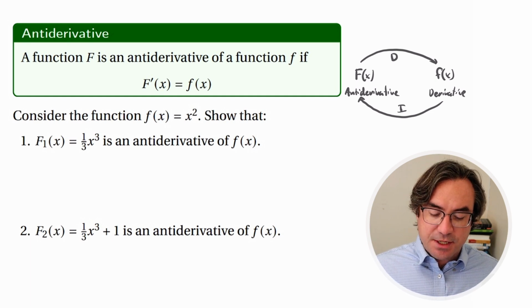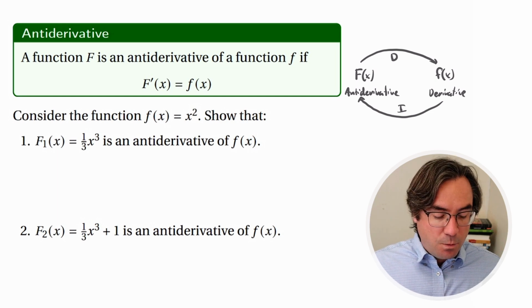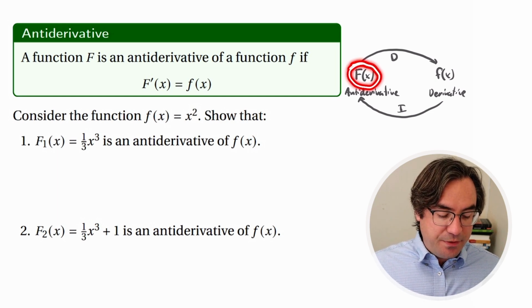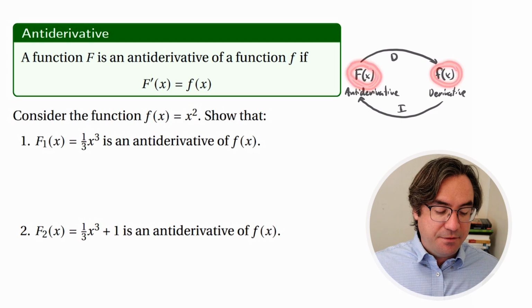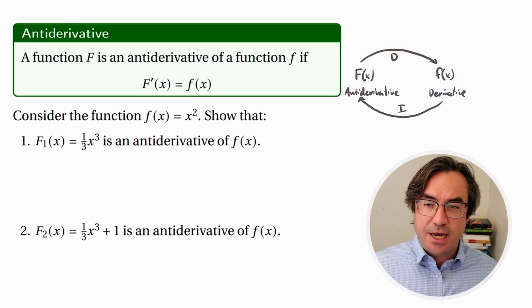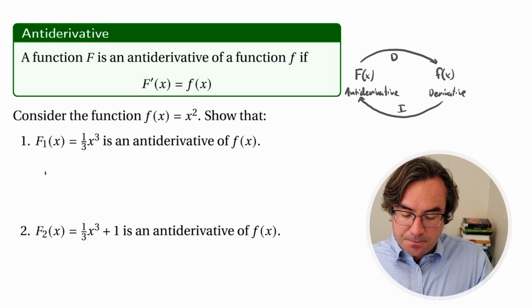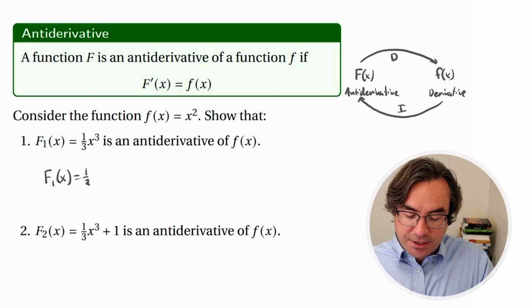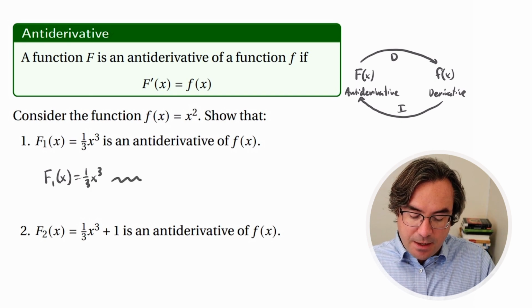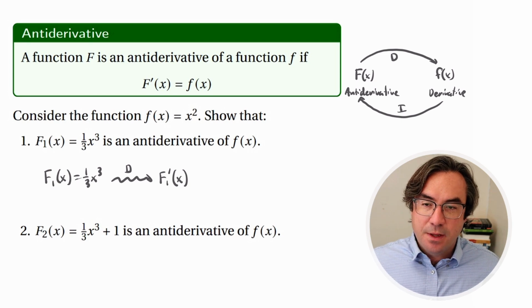So how do we show that something is an antiderivative? Well, we're going to differentiate. Let's take our function 1/3 x cubed and take the derivative of that. That will give us F1 prime.